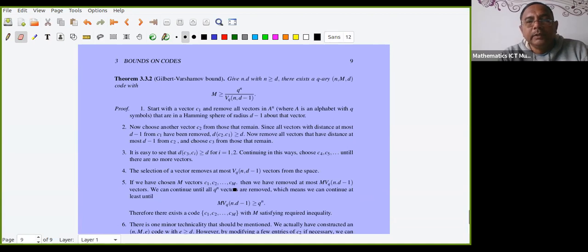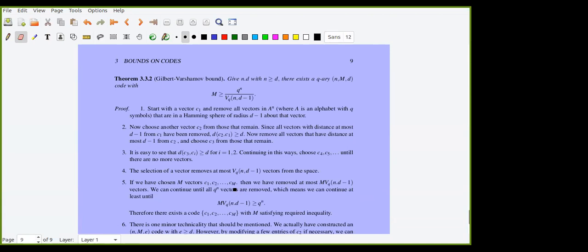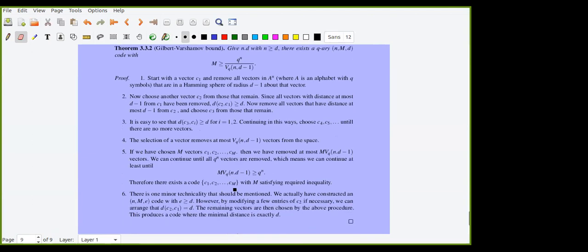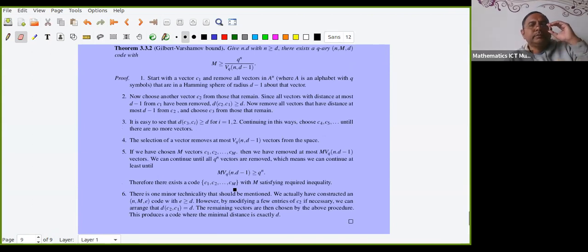Is it visible? Yes, readable means okay. Then the entire thing will come. Just read and I will start discussing after the end of it.